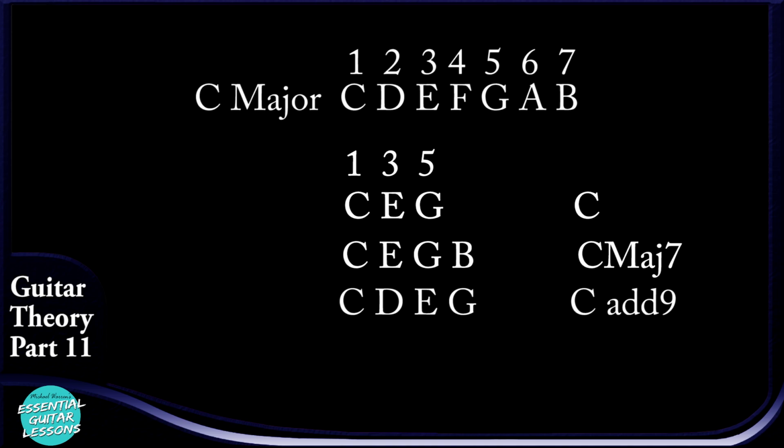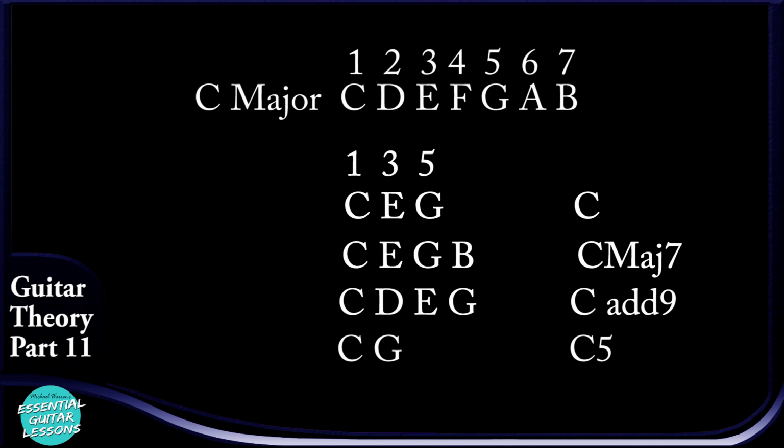So you can see if I add a different note, other than the first, the third and the fifth, we don't call it C or C major anymore. If I take a note away, let's say our chord is just 1 and 5, so C, G and C, we no longer call it C or C major, it would be called a C5 chord. Now again, don't worry about the different chords we've spoken about, we'll cover all of them down the track.